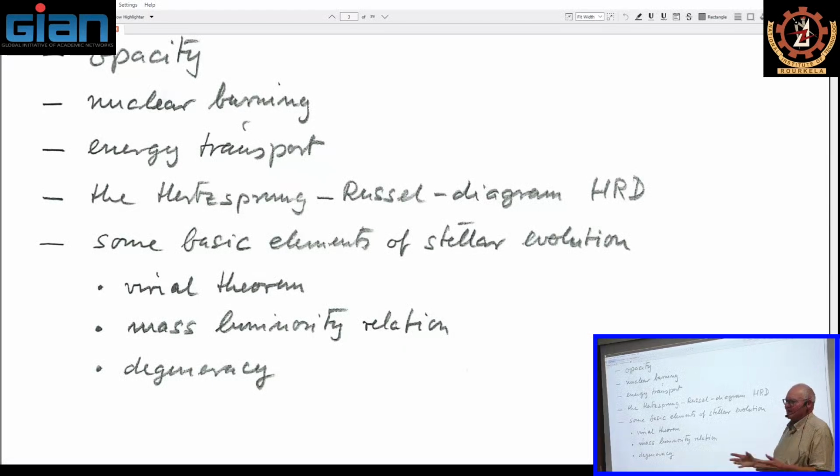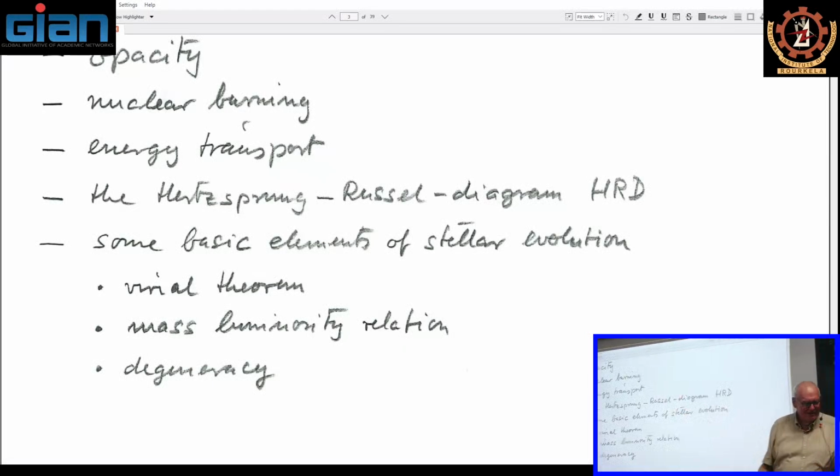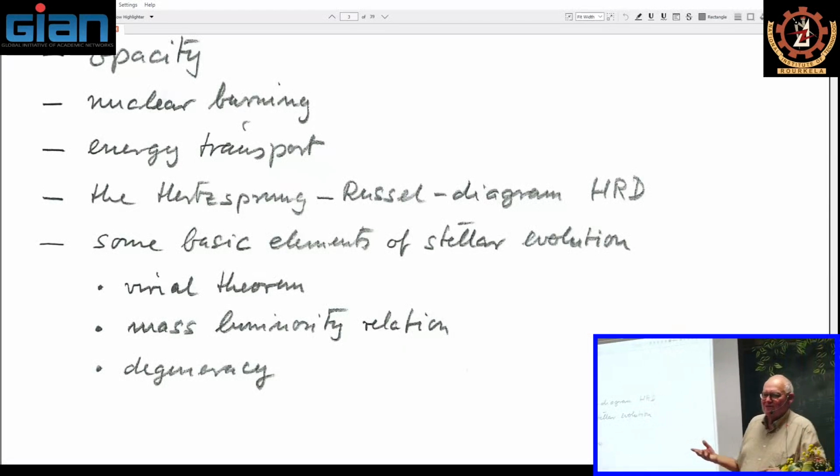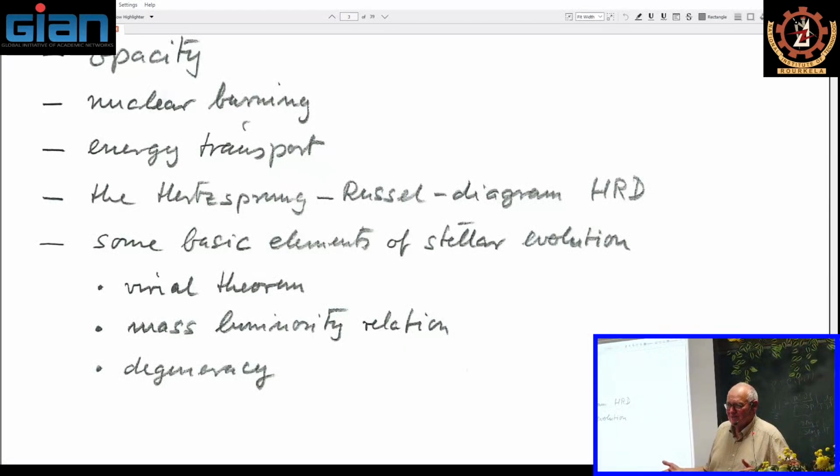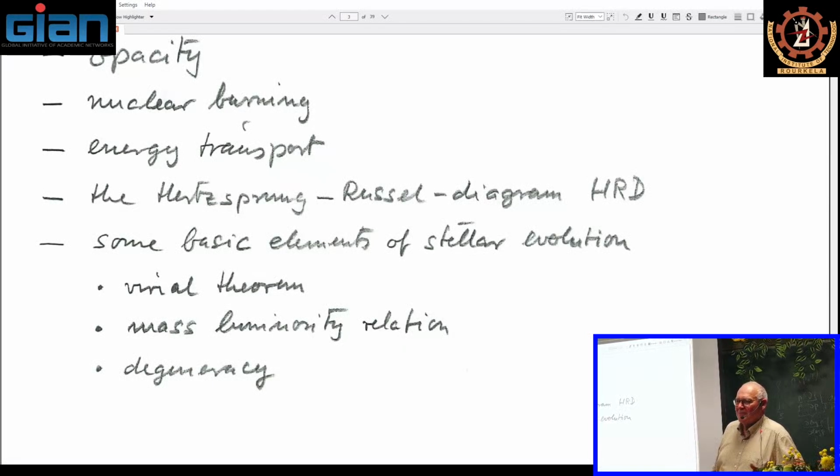These basic elements are maybe connected with the basic questions we may have once we consider stars. For instance, if we look out of the window, we see the sun is shining. So one naive question would be, why do we see the sun shining? What is the physical reason that the sun shines, that the sun gets energy or puts energy to us on the earth?